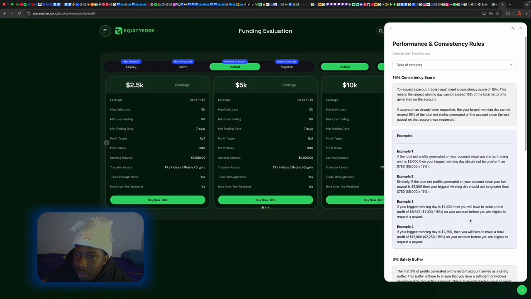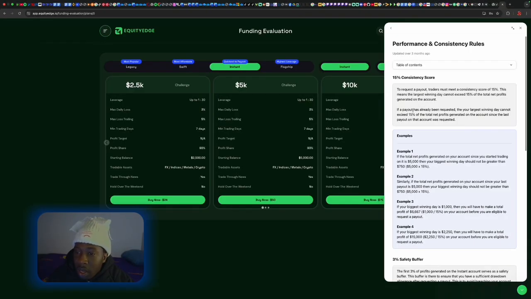And that's, I think, another thing. Minimum profit targets, performance and consistency rule. There is also a consistency rule on the instant account. 15% consistency. To request a payout, traders must meet a consistency score of 15%.